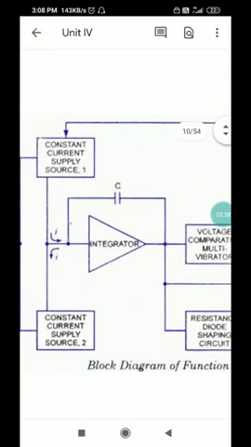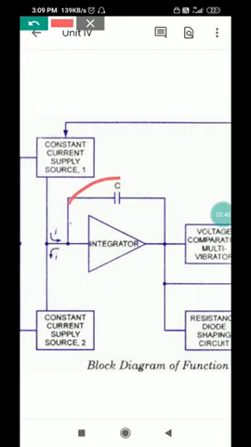Then we have got this block, these two things, an operational amplifier coupled with a capacitor in feedback, is called an integrator. Okay, this integrator is actually a combination of operational amplifier and capacitor in feedback.